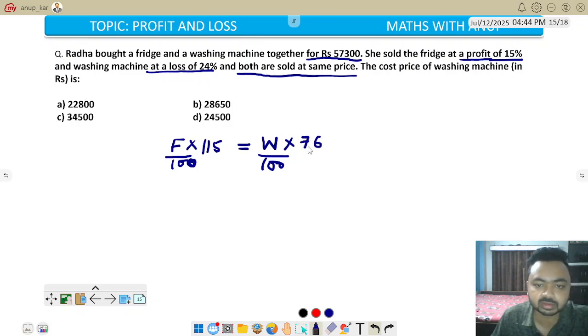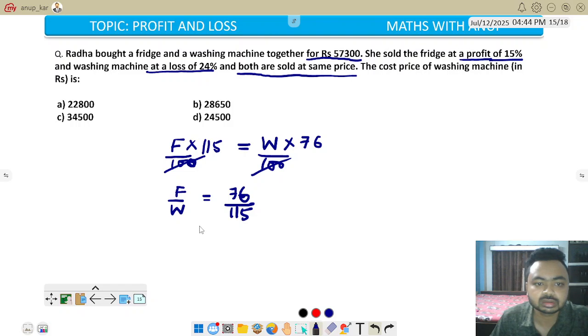Why 115 and why 76? Is it clear? If it is given as profit of 15%, my selling price will be cost price plus profit, and here it will be cost price minus loss. So my 100 and 100 get cancelled out. So fridge by washing machine ratio will be equal to 76 by 115.